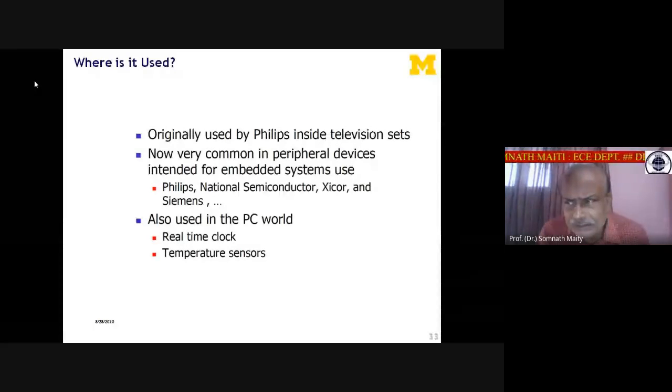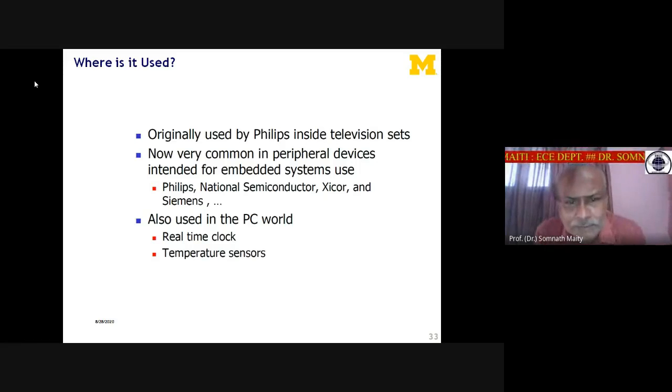Because in an embedded system, apart from the microcontroller, you are using other subsystems which are very near to the microcontroller. Whenever you want to transfer data between the microcontroller and, say, a memory device closely placed on a PCB, this protocol is used.